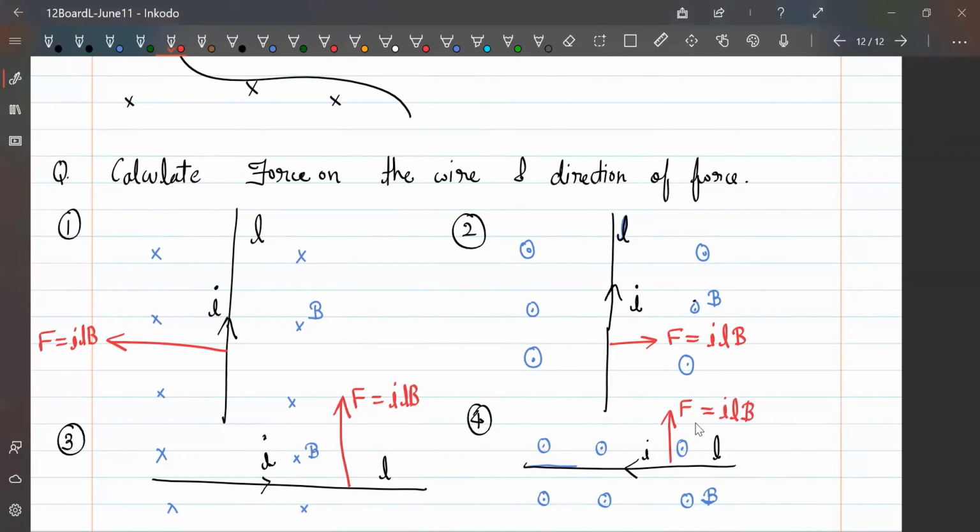So from here, when we keep a conductor in a magnetic field, it will experience a force. And this results in another phenomenon.